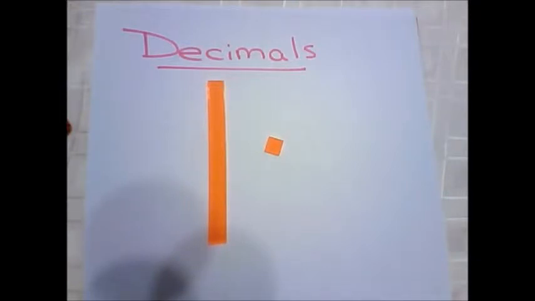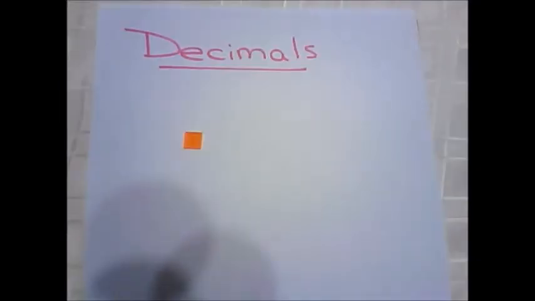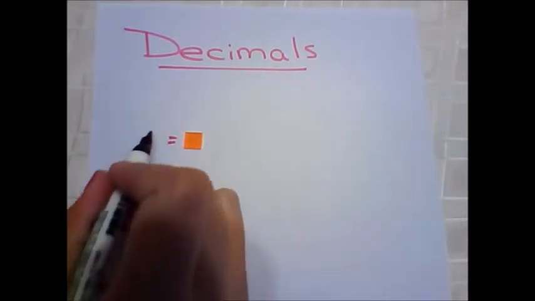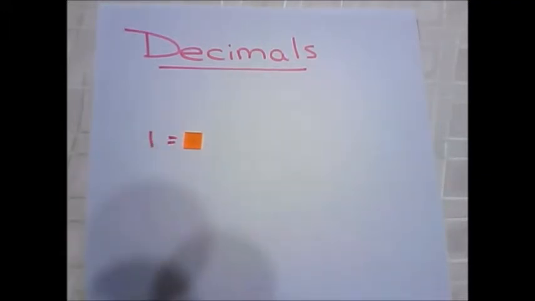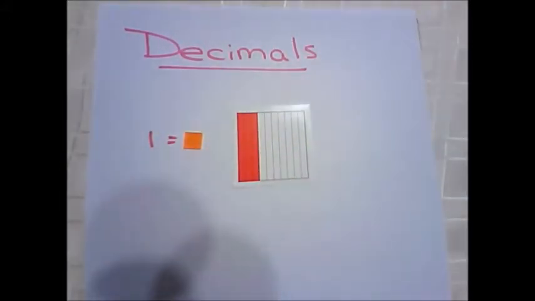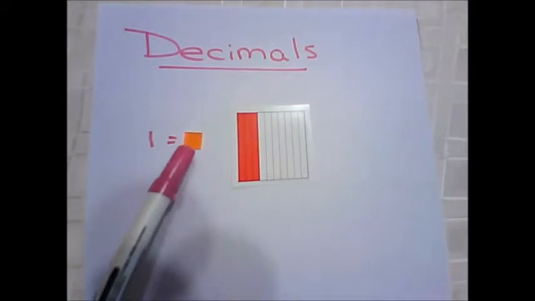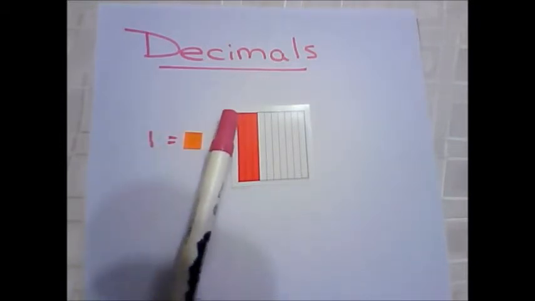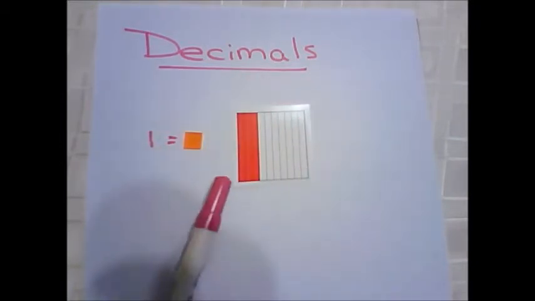We live in a base 10 society. So what if I were to take this one whole? Remember, this unit means the number 1. What if I were to represent it in something that looks like this? What might be a little confusing is that this unit is now this entire square.